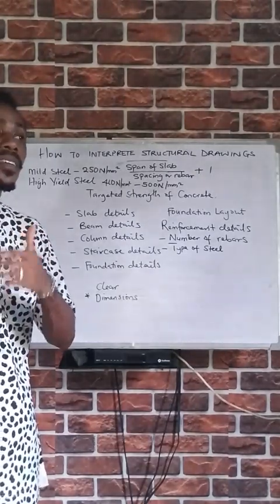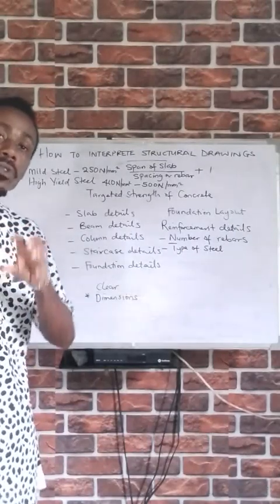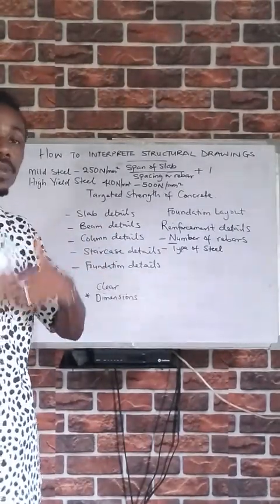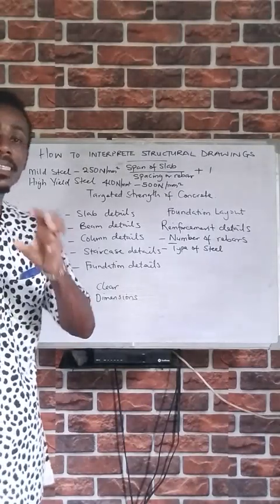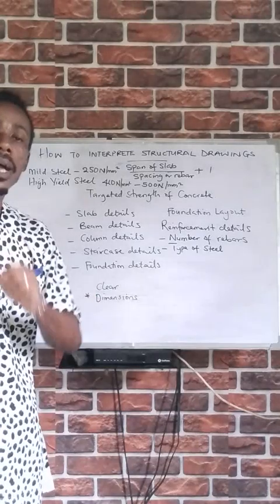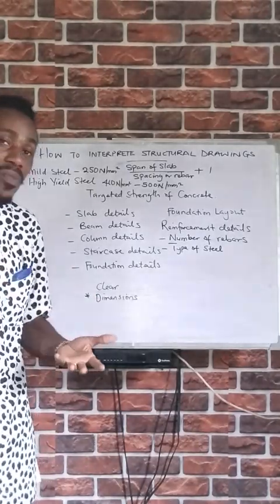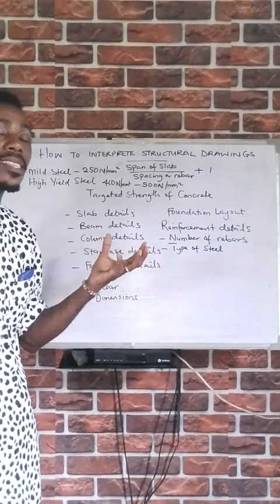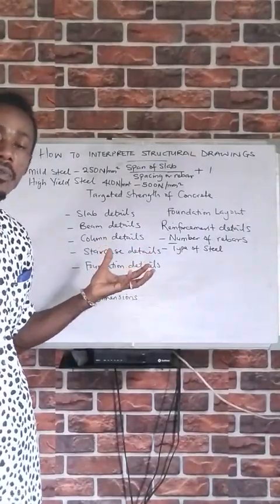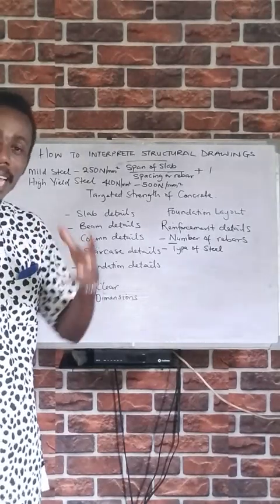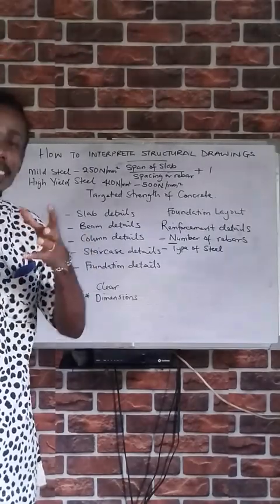For example, if a certain grade of concrete was used to design the various structural elements, and at site, that is during construction, you see that they adopted a far lesser strength of concrete, definitely there will be a problem, because the outcome of your detail is a product of an analysis and also a design.